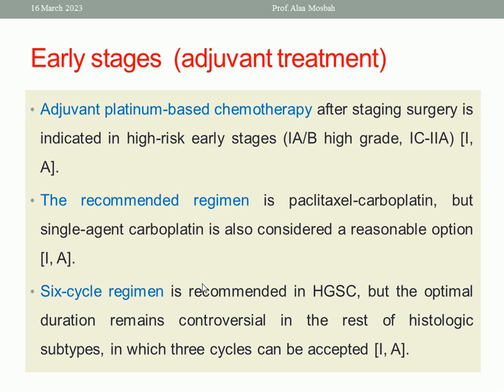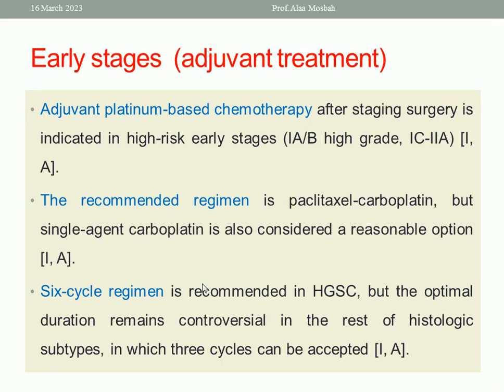So adjuvant platinum-based chemotherapy after staging surgery is indicated in high-risk early stages: 1A or B, high-grade, or 1C, 2A. Okay? The recommended regimen is paclitaxel, carboplatin, but single agent carboplatin is also considered a reasonable option.